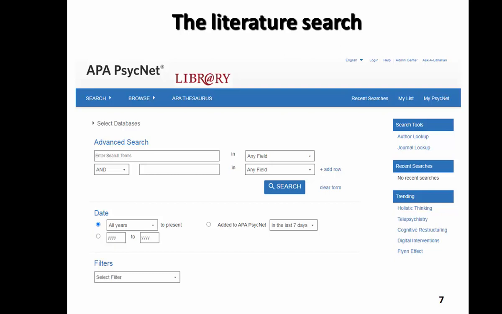The APA PsycNet database, available through the University of Guelph library system, opens up search options where the researcher can type in different search terms, combine different search terms. Usually all years are selected unless the researcher is seeking a specific author or a specific journal within a fixed time period, and there are different filters that can also be applied in more advanced searches.